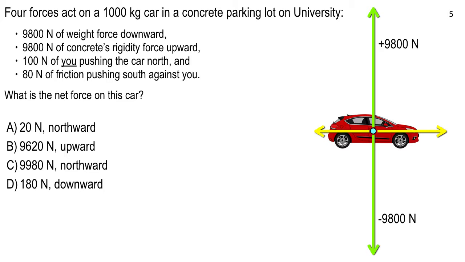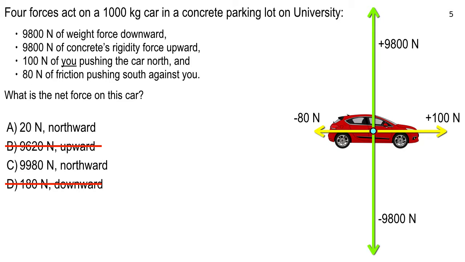You're stable, you're at equilibrium, at rest. So those two forces cancel. Now the other two forces, all right, so option D and option B are out because that's like saying, well, I do have some net upward or some net downward force, but that's not the case because they balance.